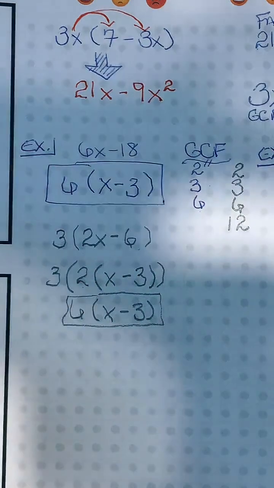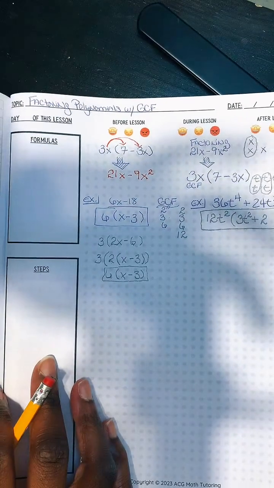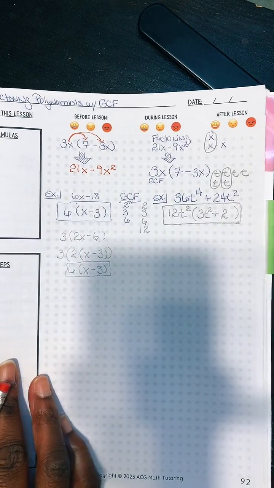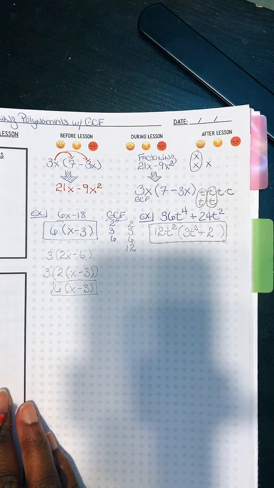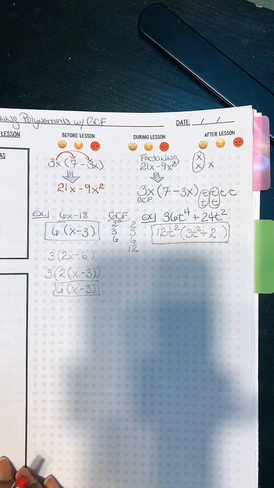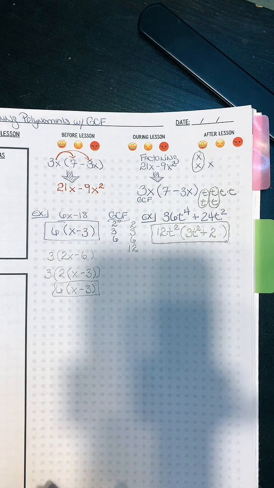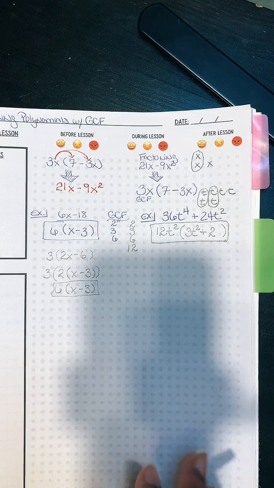Oh, not a problem. Let me see if I can get all that in there. Let me slide over a bit. Let me know when you got it. All right. Got it? Awesome.